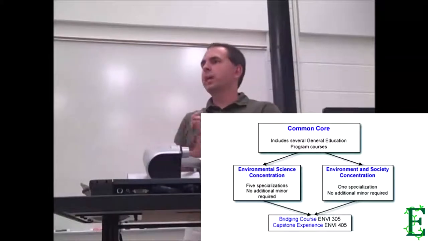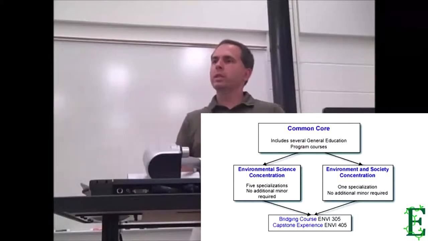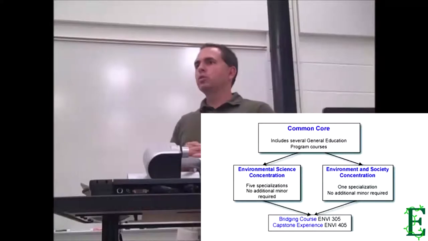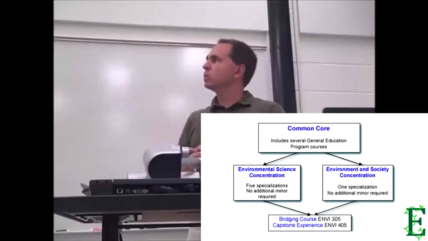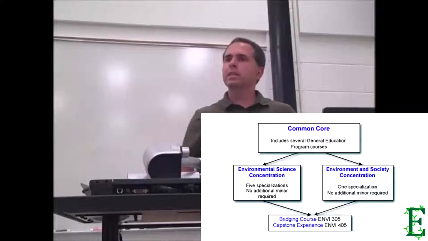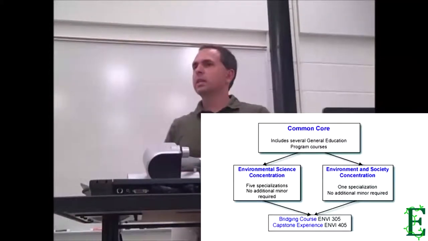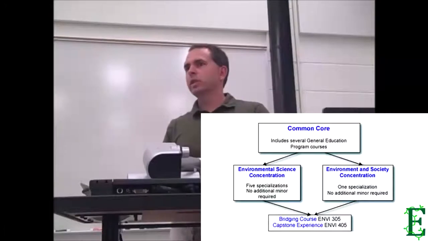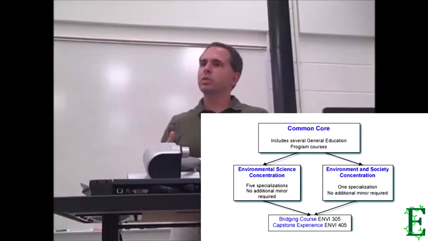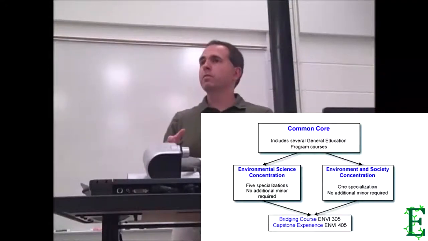And then we bring them back together in the middle and towards the end of the program to take a topics course. So ENVI 305 is a topics course which kind of bridges the science and society concentrations. So for example, last semester that course involved fish and fisheries.